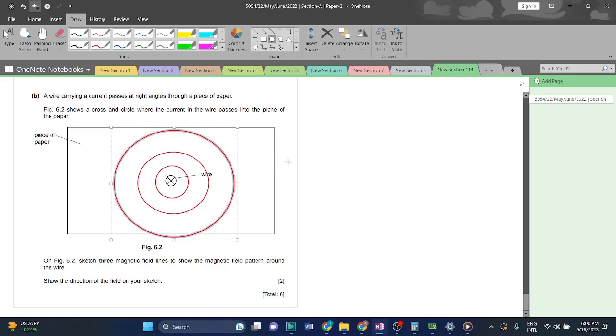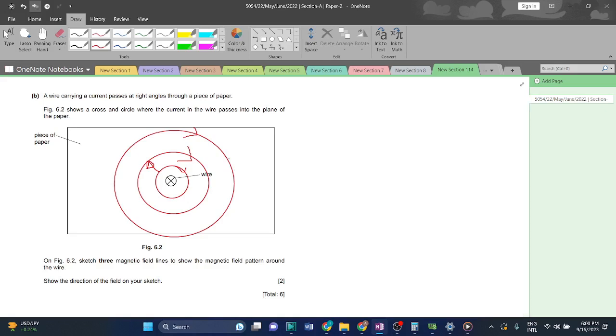And using the right hand rule, if we use the right hand rule, we can easily find out that the direction is clockwise. The direction is clockwise. And one more thing is that every circle is more distant than the last circle because as we move away from the wire, the magnetic field lines will be more stretched apart because जो उसकी strength है that is reducing.